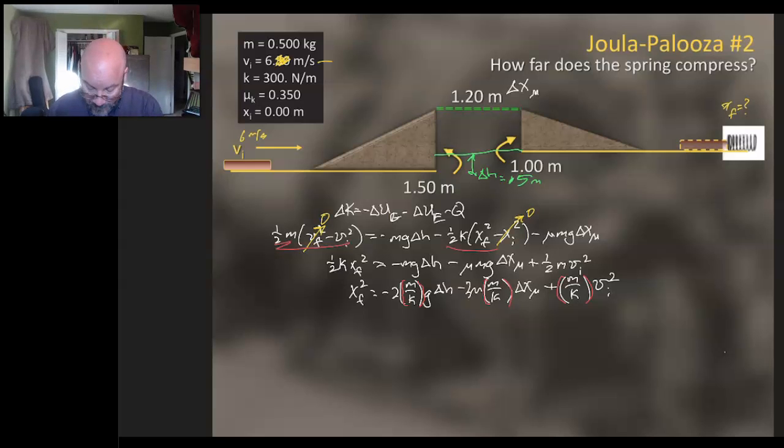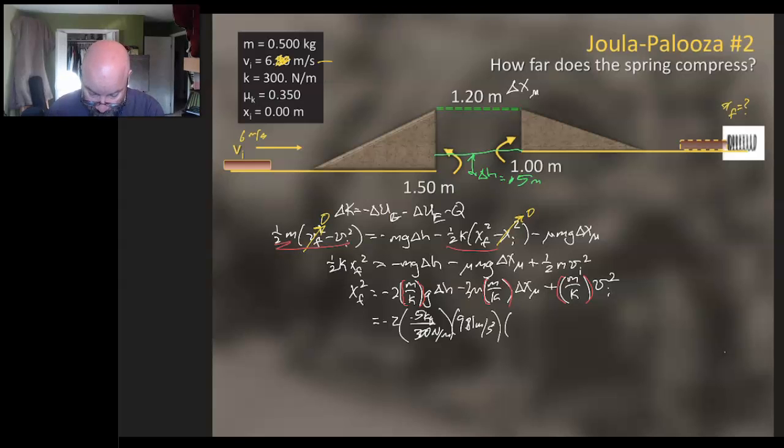And so here's what it looks like when we get some numbers in here. Minus 2, and then I'm going to have half a kilogram over 300 newtons per meter, 9.81 meters per second squared.